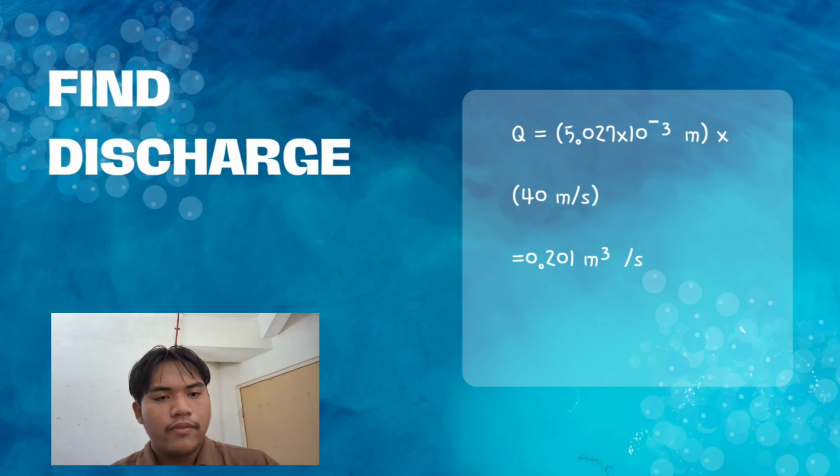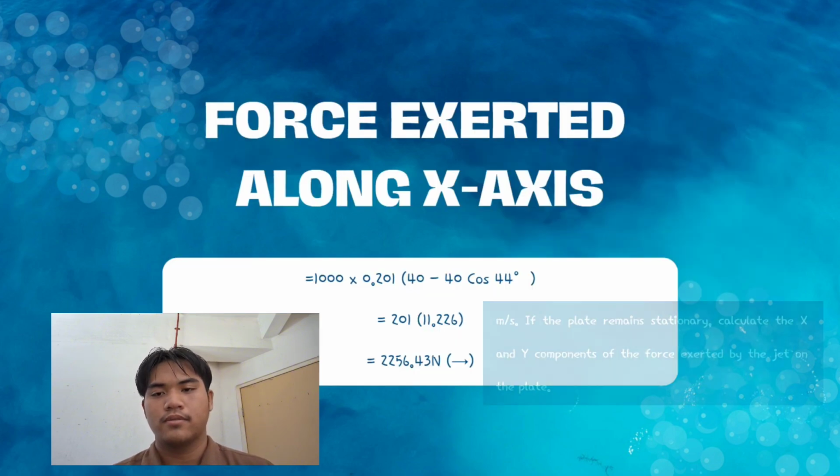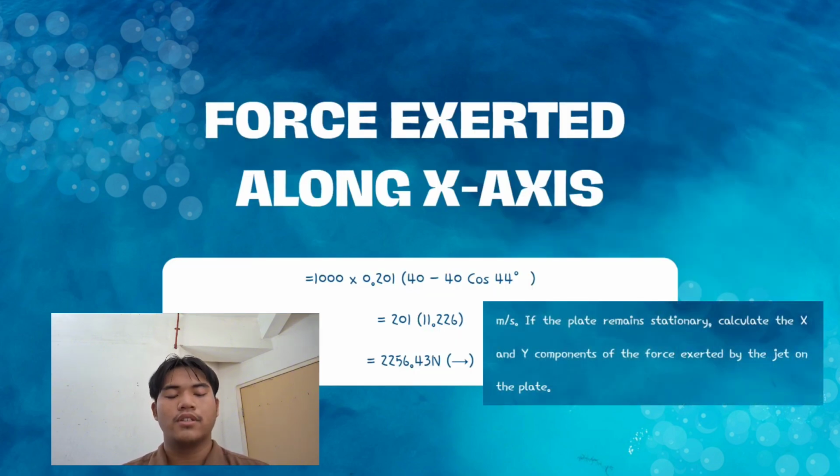The area, 5.027 times 10 to the power of negative 3 meter square, times 40 meter per second, and we will get the final answer 0.201 meter cube per second. So the question needs us to calculate the x and y components of the force exerted by the jet on the plate.